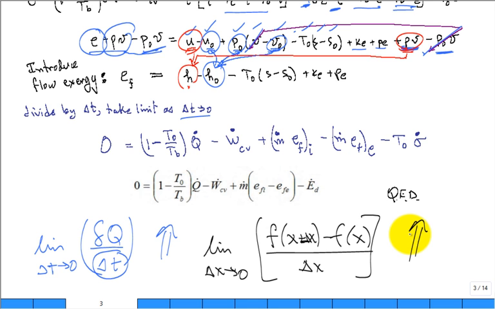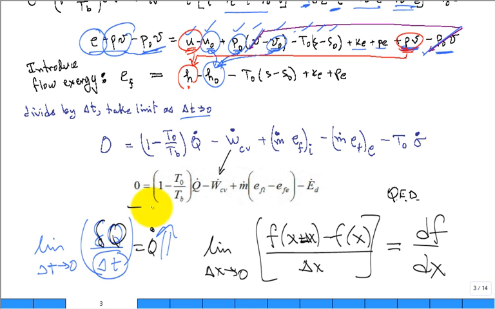That's not true. You learned in calculus that is equal to df/dx. And so that's my engineering way of saying this is equal to Q dot. And then likewise, you get W dot, and likewise, you get m dot. And so this is our nice typed out equation.